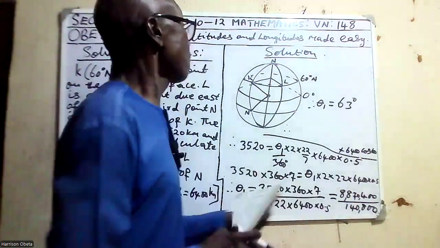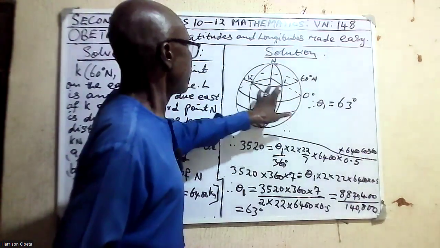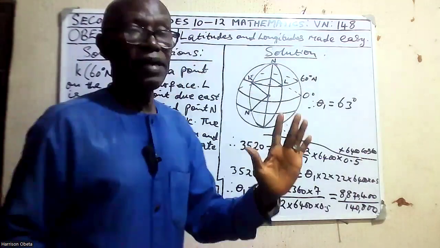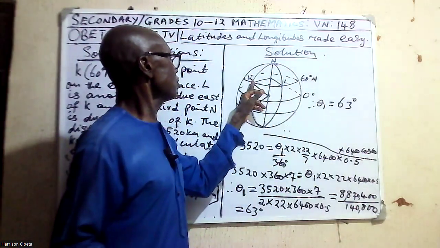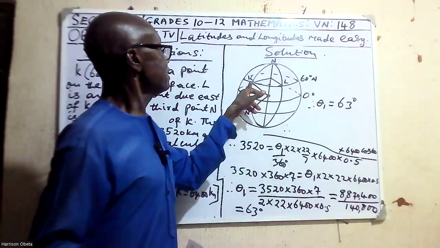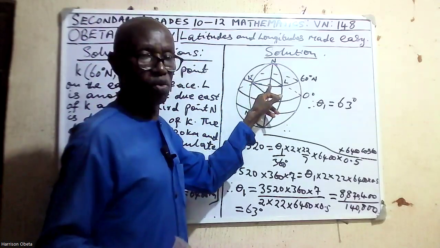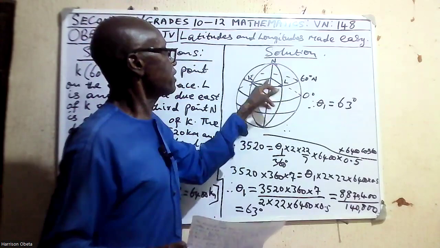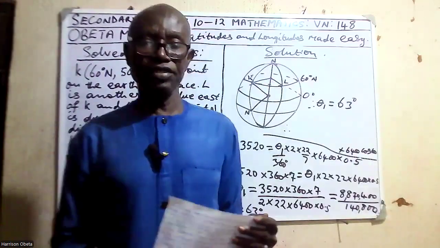But since L is due east of K, if you are leaving K to L, that is due east, the longitude will continue to decrease until you get to 0, and then it will continue to increase towards the east until you get to 180 degrees east.